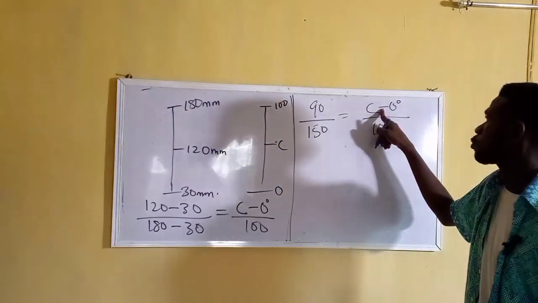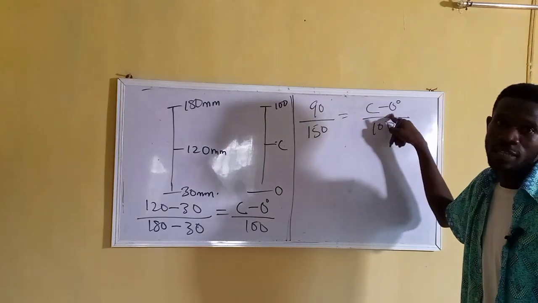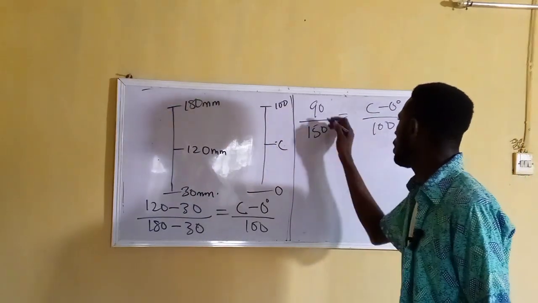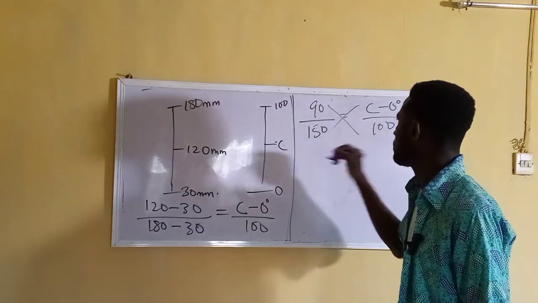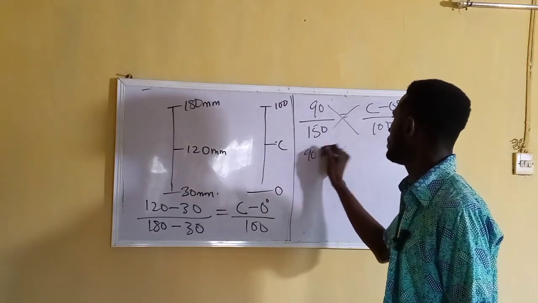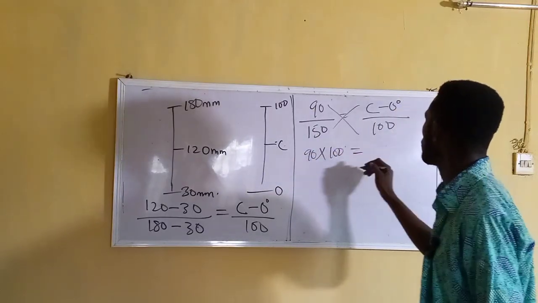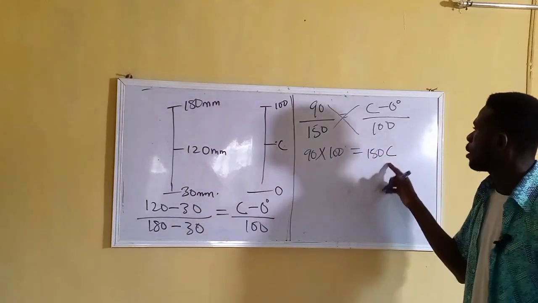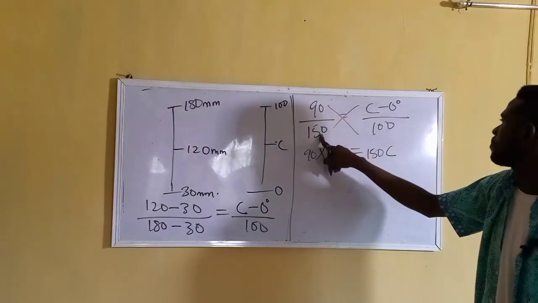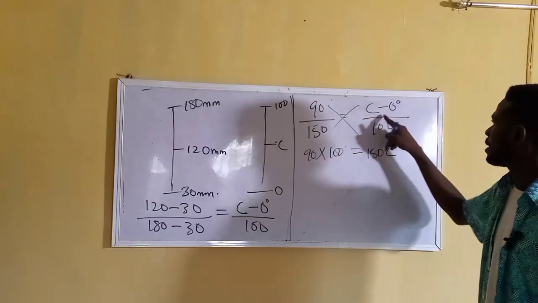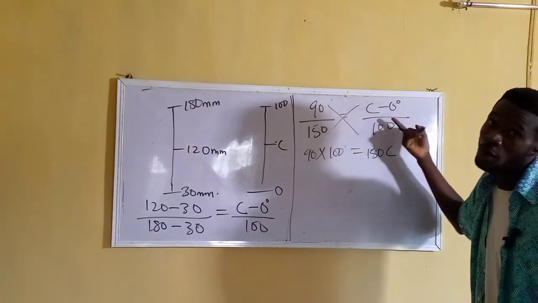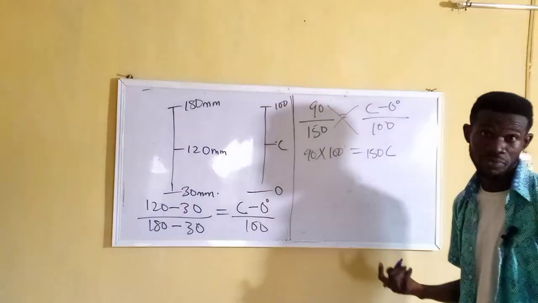Remember, this can also be written as C because 0 degrees means nothing, so you can still leave it as C. So what do we do next? We cross multiply, and you'll have 90 times 100 equals 150C, because 150 times 0 degrees is still going to give you 0. So we just leave it at 150C.